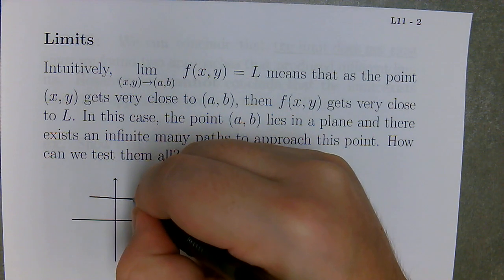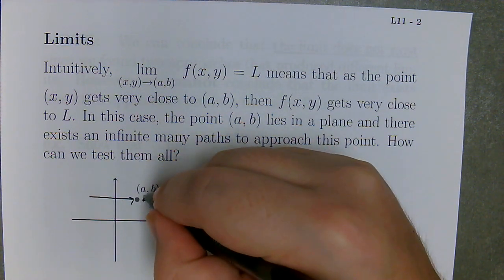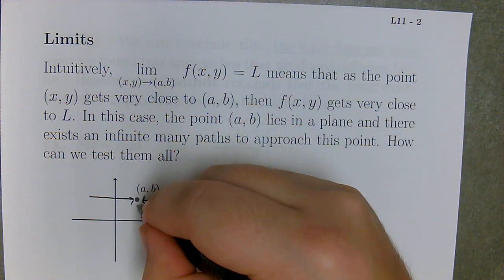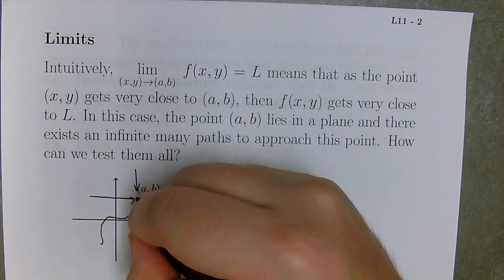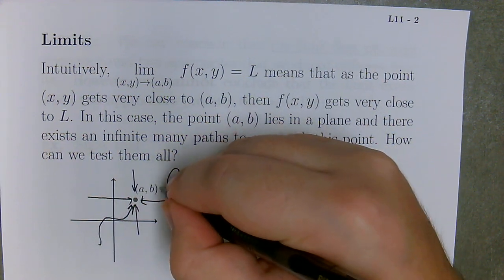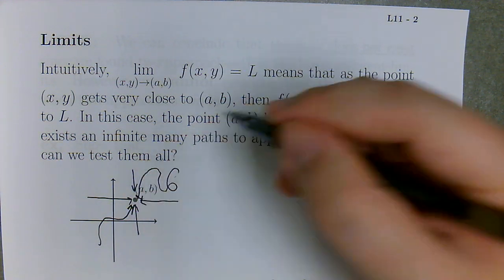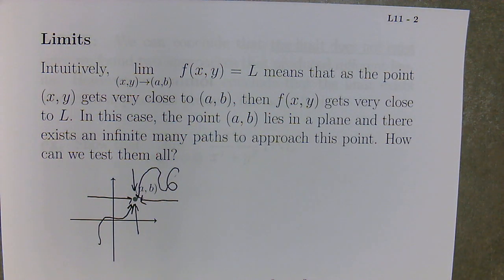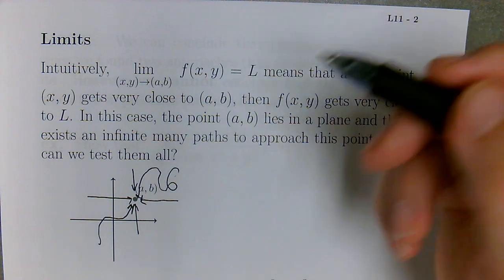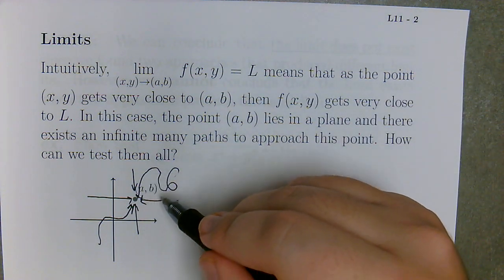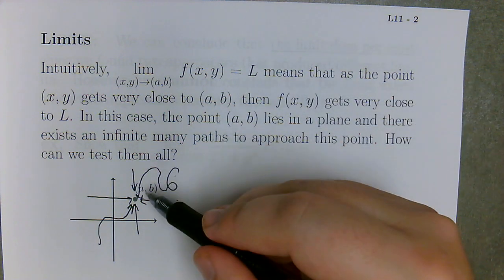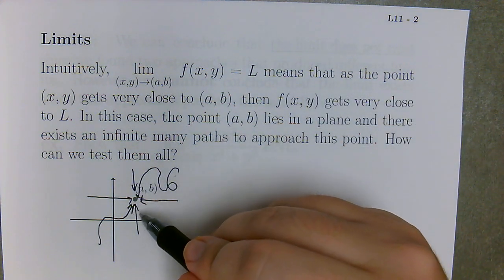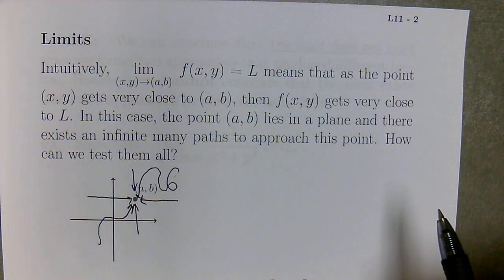I mean, we could come from the left or the right and approach this point, but we could also come from below or above, or maybe we can even take some bizarre squiggly path. Maybe we could do a few loop-de-loops on our way to (a, b). So who's to say what's going to happen based on each path? Just like we could have different outcomes for the left and right with a single variable, we could have different outcomes maybe for all of these different paths heading to (a, b).